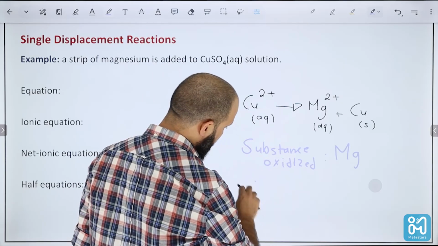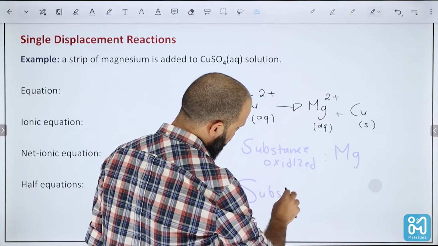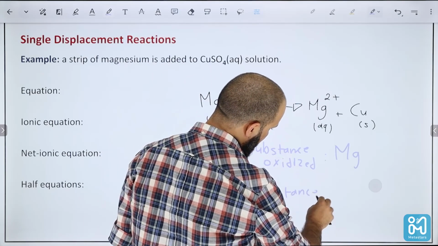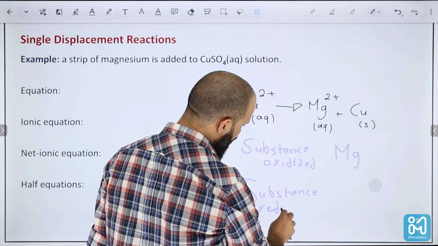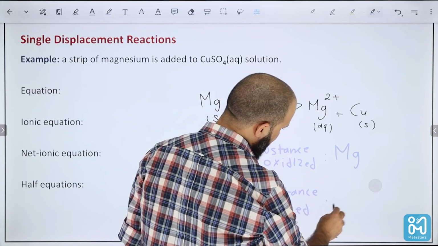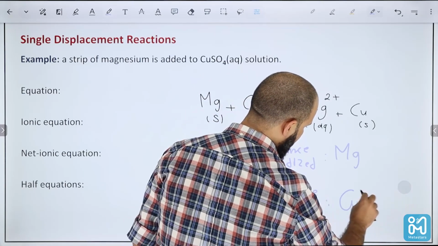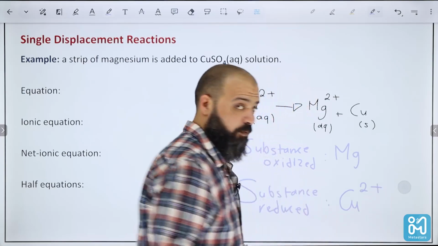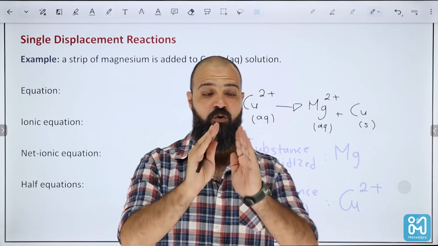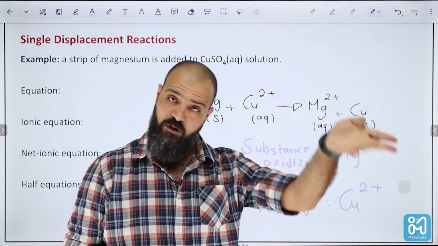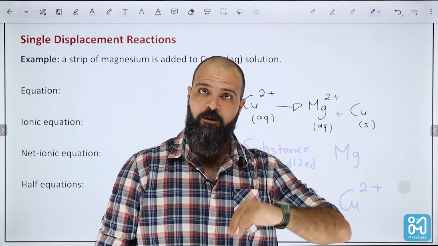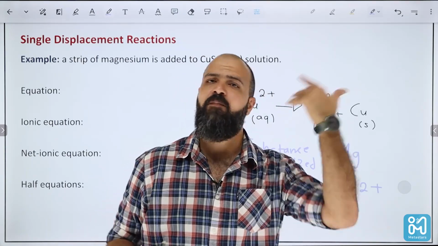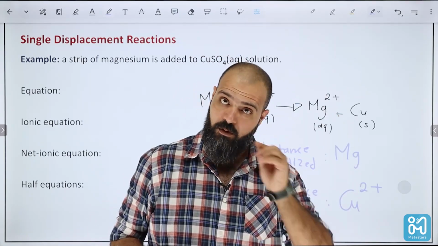Substance reduced is copper ions, please, because you might have in the choices Cu or Cu2 plus. Which substance is reduced? Not copper, no, copper ions.